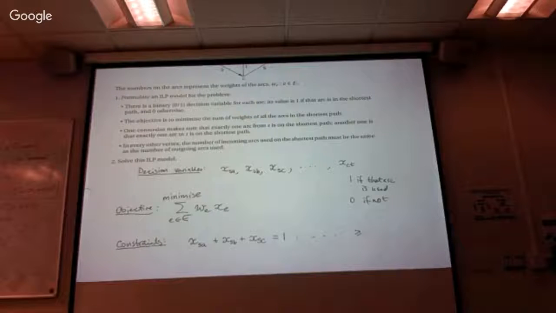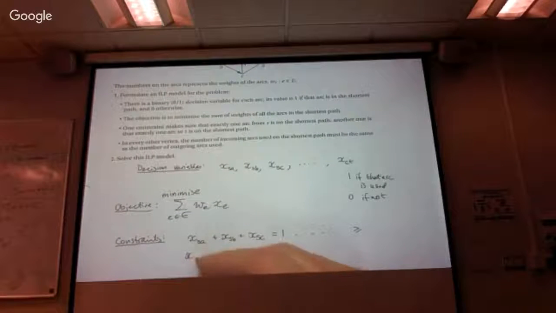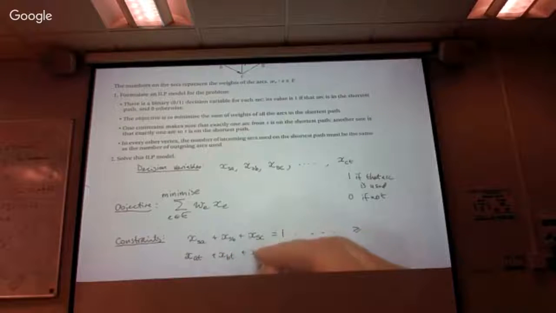It wouldn't make sense. In the optimal solution, you would leave with 1 anyway, because you want to minimize the sum of the weights. But let's put equal. Then you want to arrive, so x_AT plus x_BT plus x_CT is 1 again.